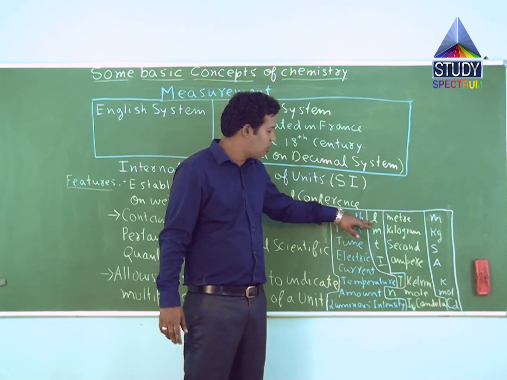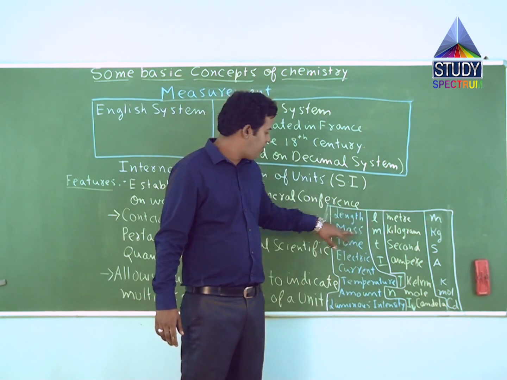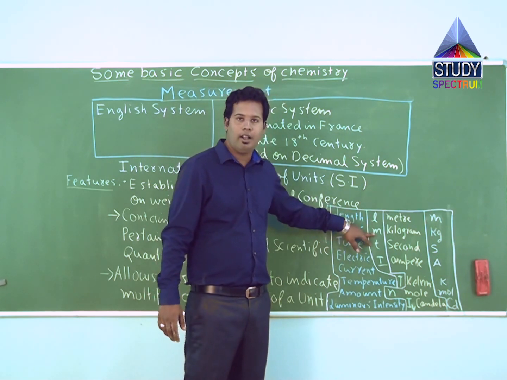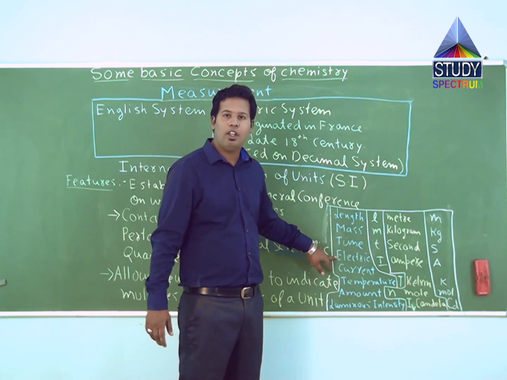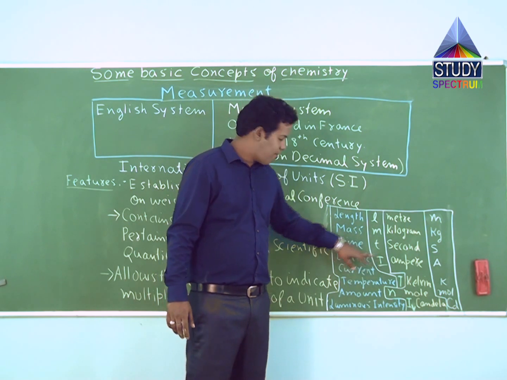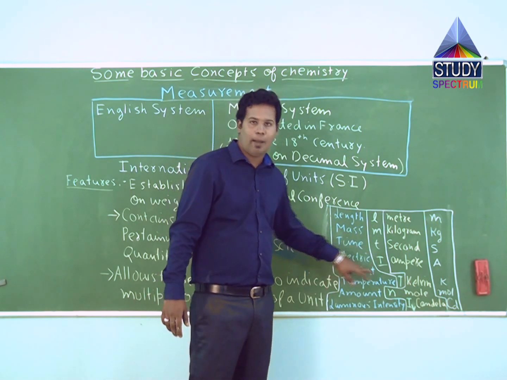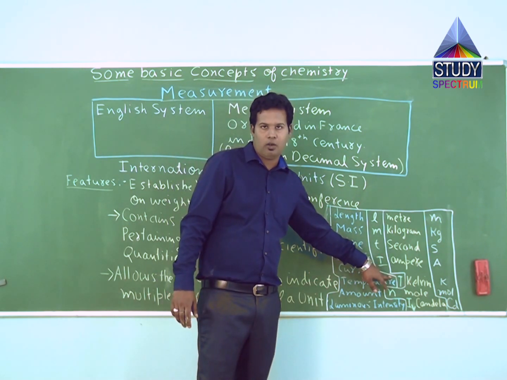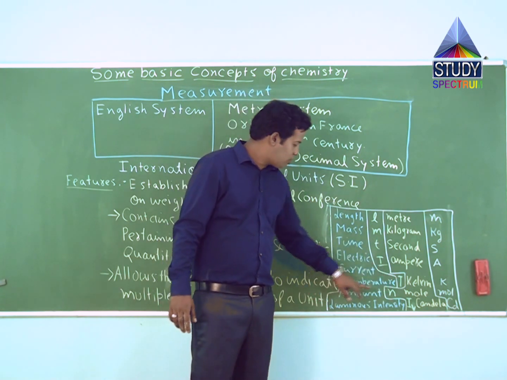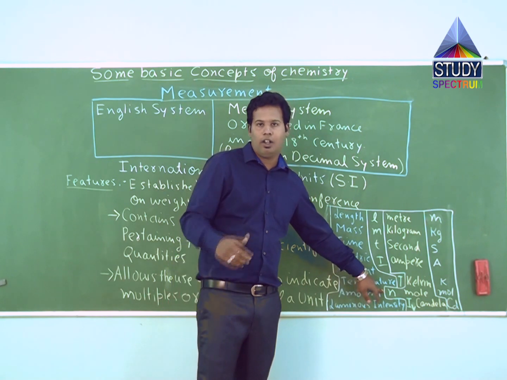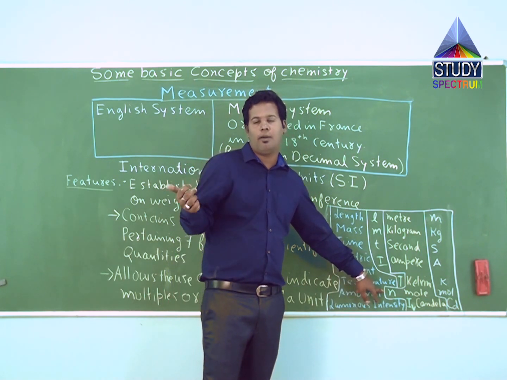For length we use small l letter. For mass we use small m letter. For time we use small t. For electric current we use capital I. For temperature we use capital T as a symbol of base unit of temperature. For amount of a substance we use small n, that we will come to know as we study about mole concept.